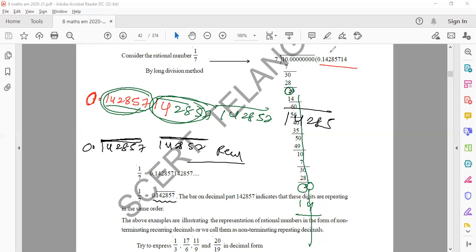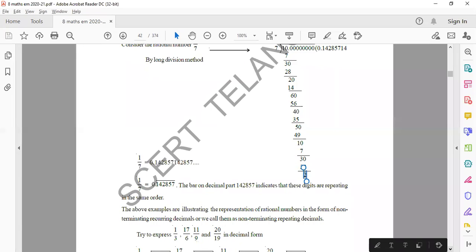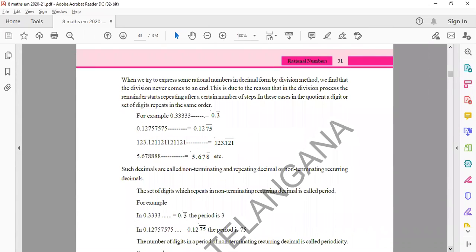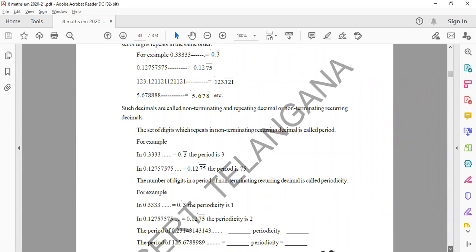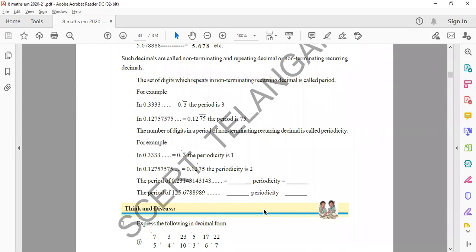Now the concept is clear. Now we have to write it out.